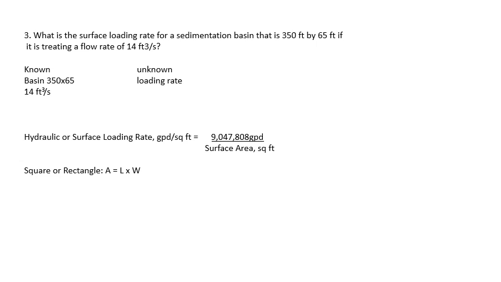Solve for your surface area of a rectangle, length times width. 350 feet times 65 feet, 22,750 square feet. Plug that into your formula. Do your division. You get an answer of 398 gallons per day per square foot.